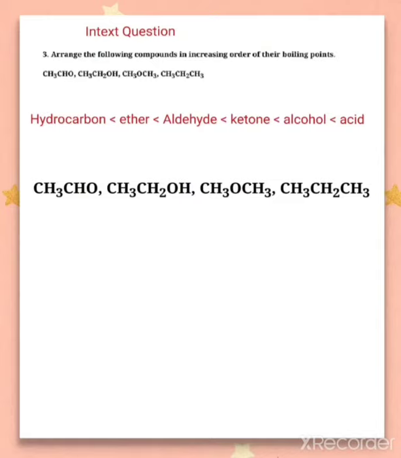Now just count the number of carbon and oxygen atoms present in these, because hydrogen is not important; it has a very small mass, so don't compare it. Here, 2 carbons and 1 oxygen are there in the first. In the second case, also 2 carbons and 1 oxygen.